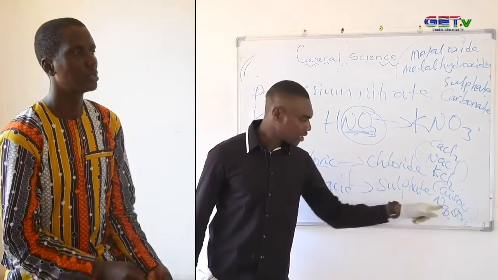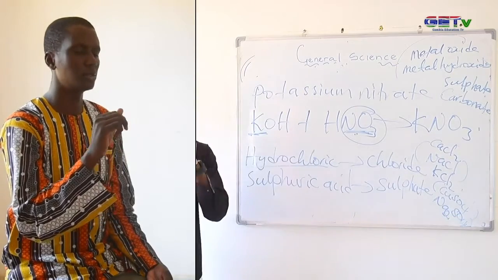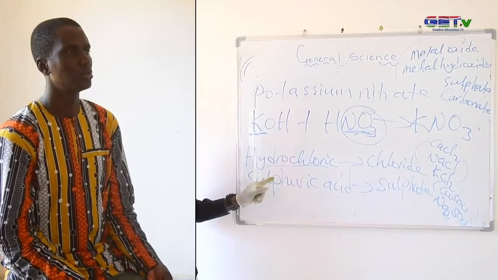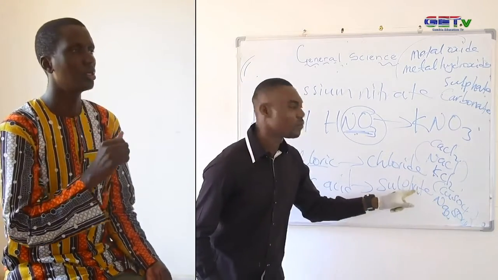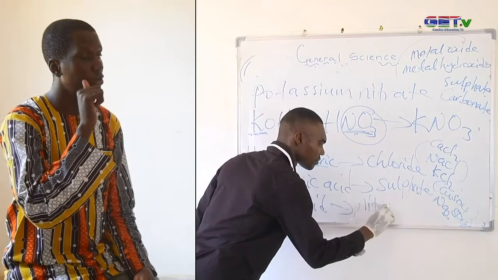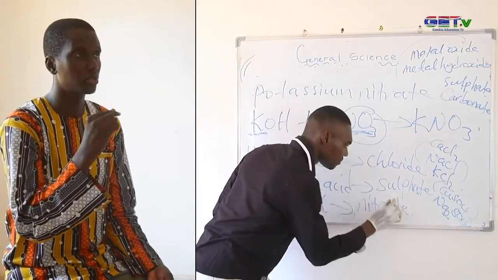Sodium sulfate, the sodium is the metal. But now where does the sulfate come from? It comes from the acid that was used, that is sulfuric acid. So anytime sulfuric acid is used to make any salt, the name of that salt should end in sulfate. Nitric acid. When you use nitric acid to make any salt, the name of that salt should end in nitrate, please.